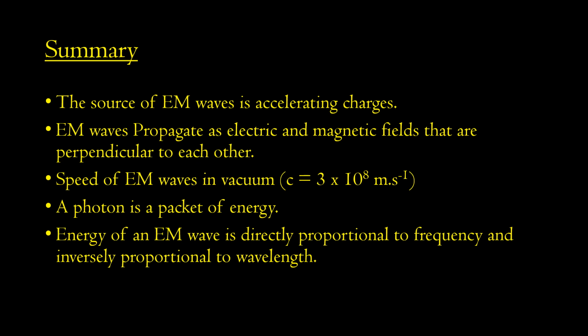So if the energy of the photon is high, the wavelength will be short, but the frequency will be high. If the energy of an electromagnetic radiation is low, the wavelength will be long, but the frequency will also be low.